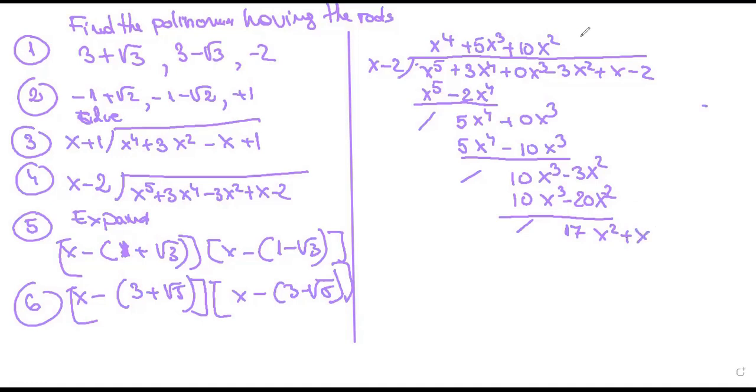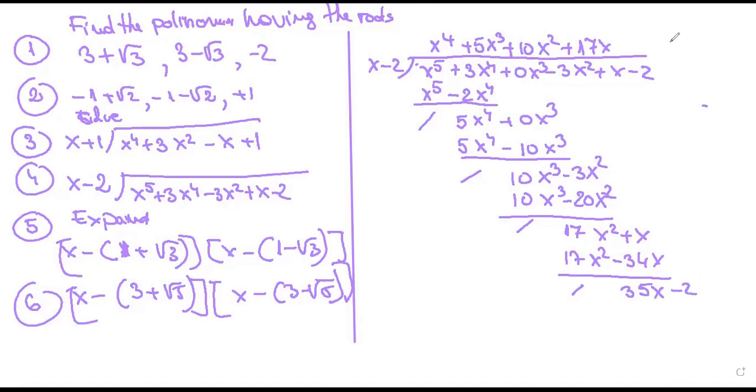The plus x drops down. 17x squared divided by x is plus 17x. Times x is 17x squared. And then times minus 2 is minus 34x. 17x squared cancels out, and you're left with plus 35x.